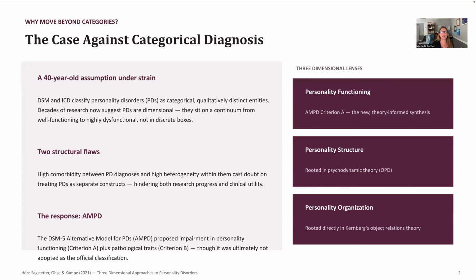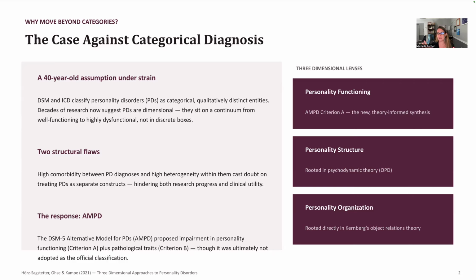Bam. All right, why move beyond categories? The case against categorical diagnosis. There is a 40-year assumption that is under strain. The DSM and ICD-10 (the ICD-11 doesn't, but the ICD-10) classify personality disorders as categorical, qualitatively distinct entities.